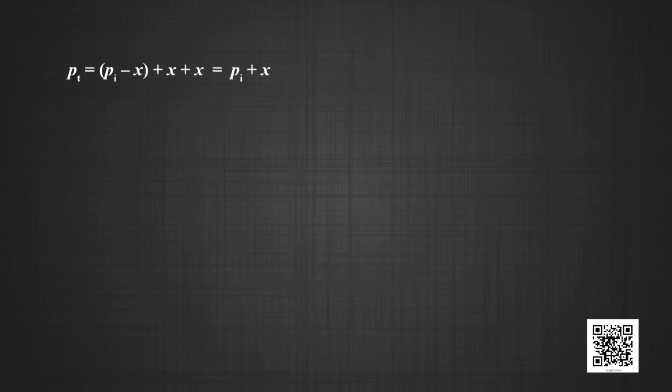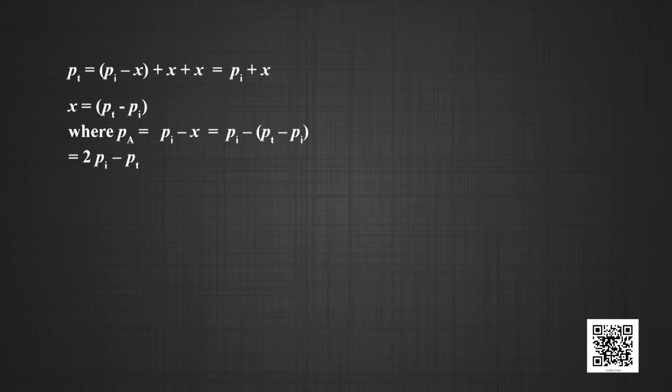Now, calculating the total pressure, it will be equal to Pi minus x plus x plus x, which is Pi plus x. Now, the value of x will be equal to Pt minus Pi, where Pa is equal to Pi minus x, which is Pi minus (Pt minus Pi). Therefore, it will come out to be 2Pi minus Pt.